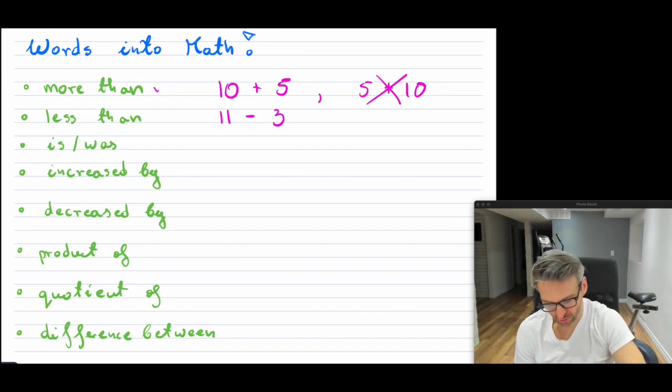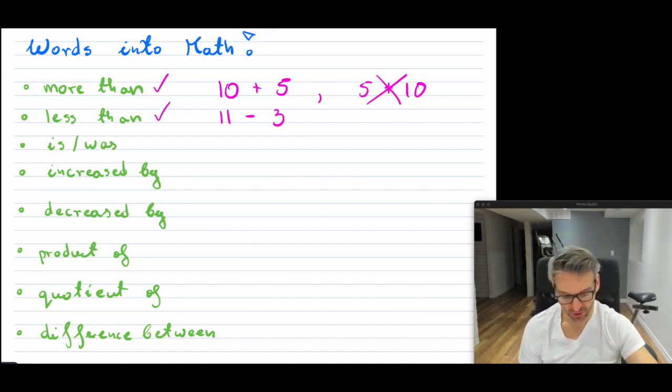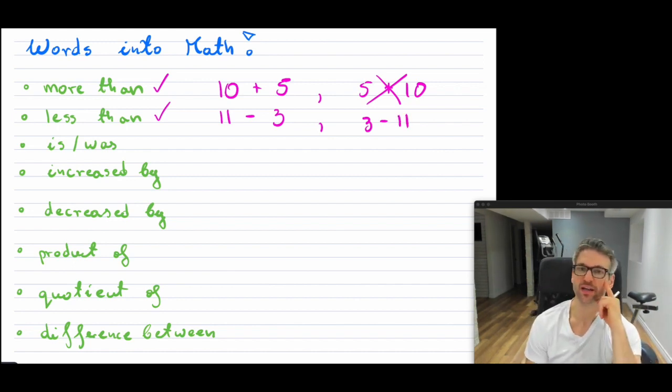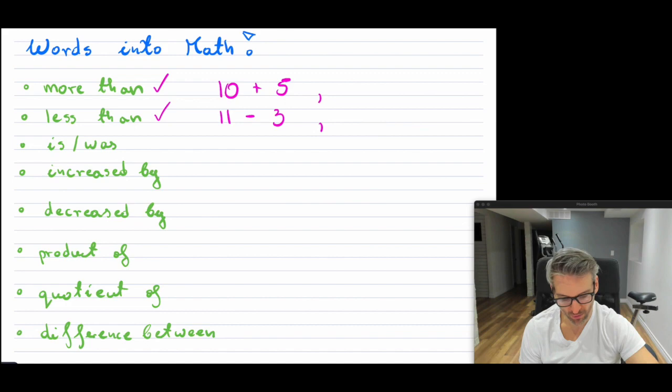These two are really tricky and give people a headache. So be careful. 3 less than 11 is often written like this by some students, which is incorrect. So be careful when you are dealing with less than and more than in word problems.